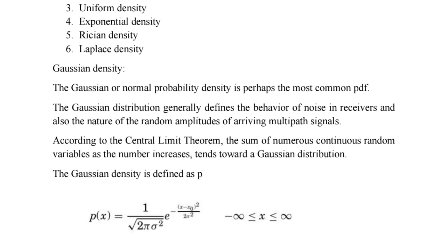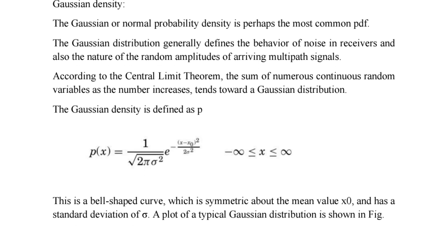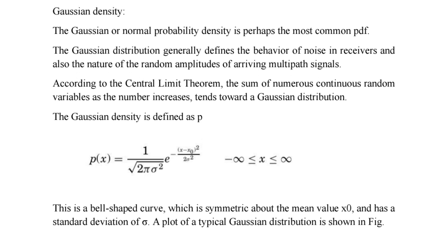Now the first thing we are going to discuss is the Gaussian density. The Gaussian or normal probability density is perhaps the most common PDF, because in your basic classes also you have learned about this Gaussian process for noise distribution. The same thing we are going to analyze here. The Gaussian distribution generally defines the behavior of noise in receivers and also the nature of the random amplitudes of the arriving multipath signal.